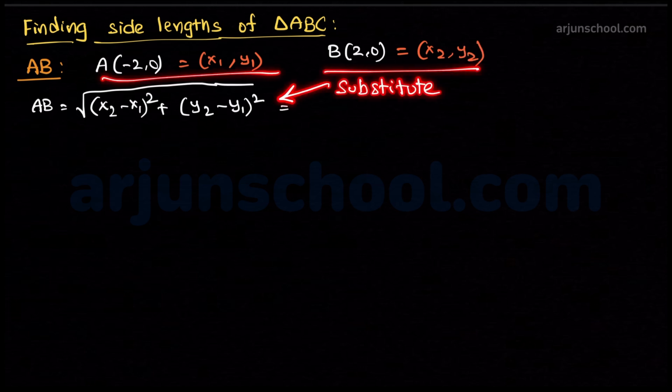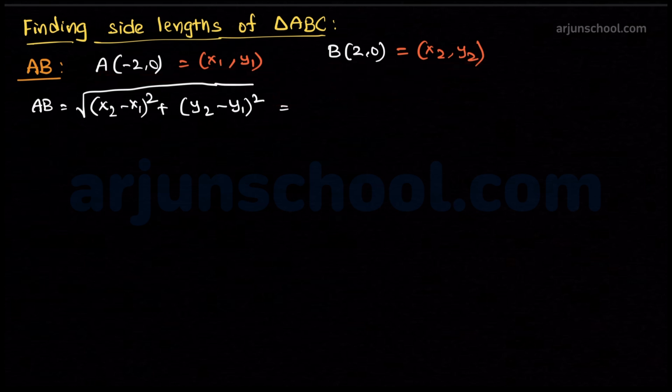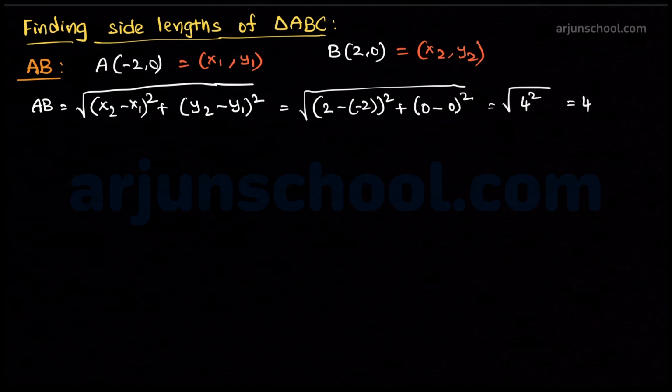Let us substitute these values in the distance formula. That is equal to root over (2 minus of minus 2) whole square plus (0 minus 0) whole square, which is root over 4 square plus 0 square. Root over 4 square is 4. Therefore length of the side AB is 4 units.